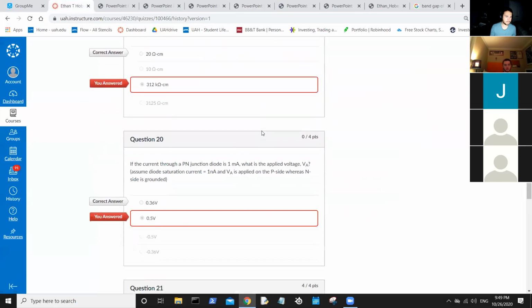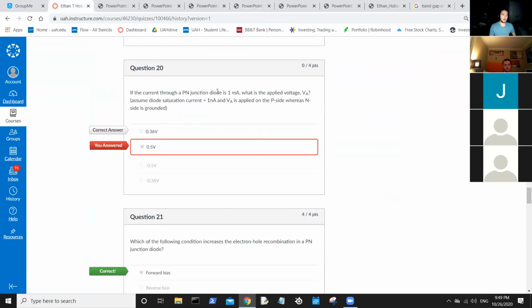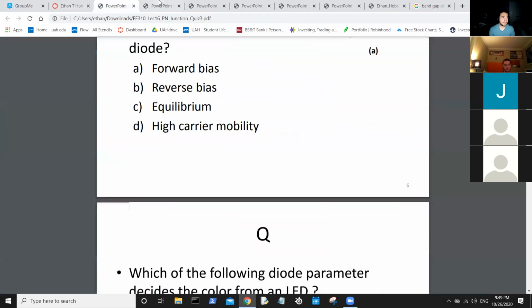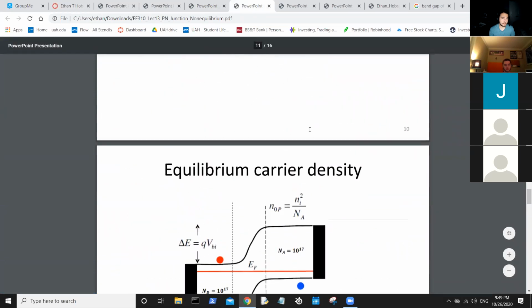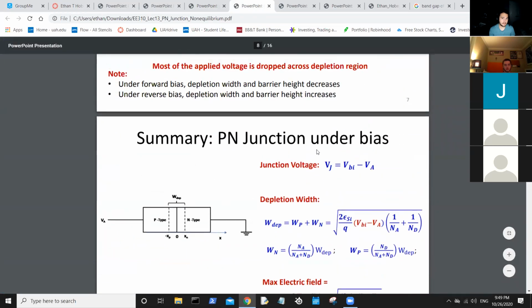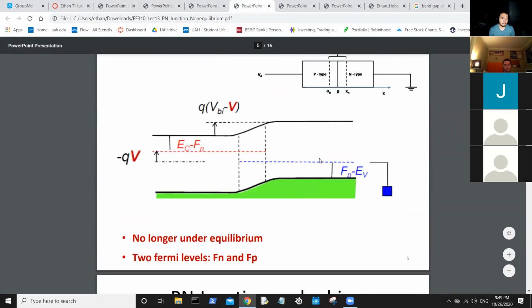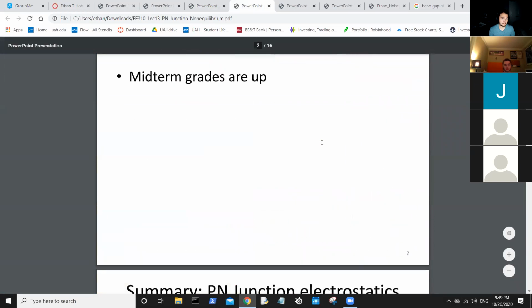All right. And now if the current through a PN junction is 1 milliamp, what is the applied voltage? Well, we did this earlier using, was it in this? I'm pretty sure it was probably in this. It's the current formulas that we just looked at.